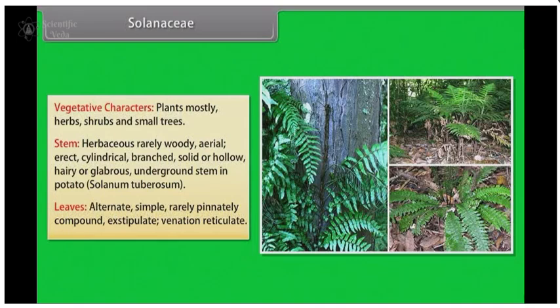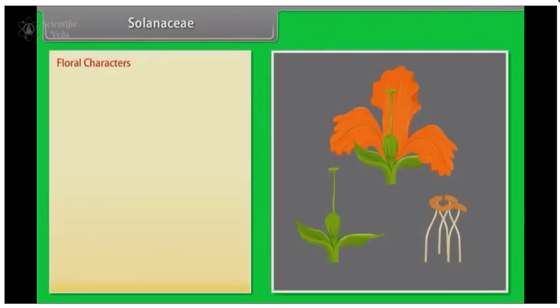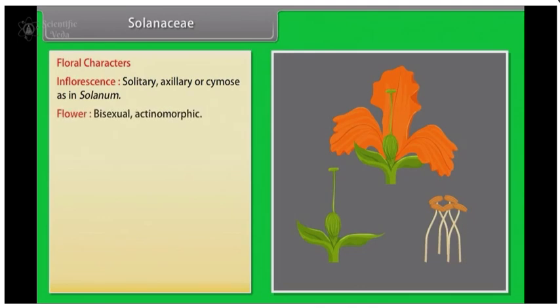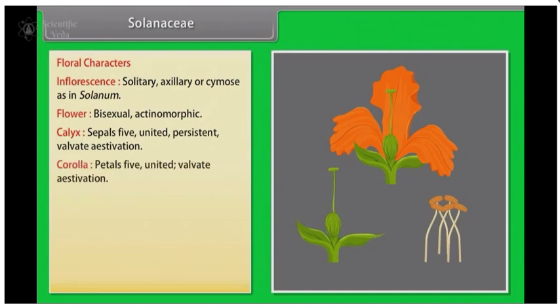Floral characters: inflorescence solitary, axillary or cymose as in Solanum. Flower bisexual, actinomorphic. Calyx, sepals 5, united, persistent, valvate aestivation. Corolla, petals 5, united, valvate aestivation.